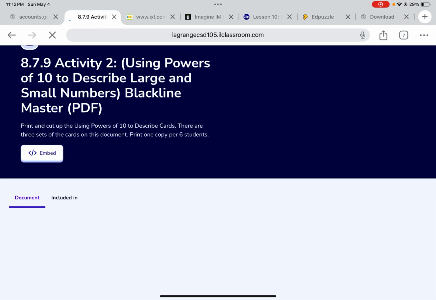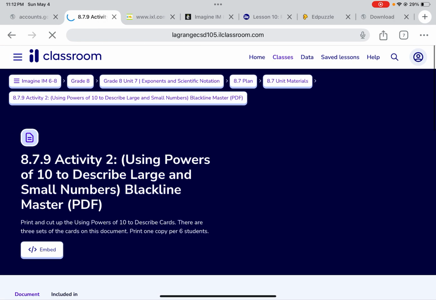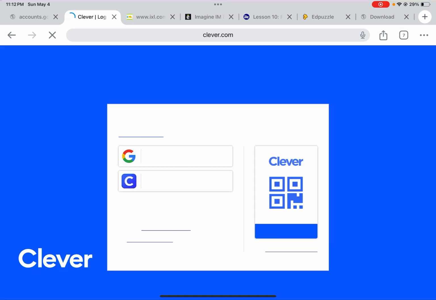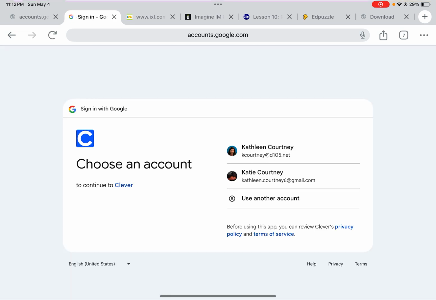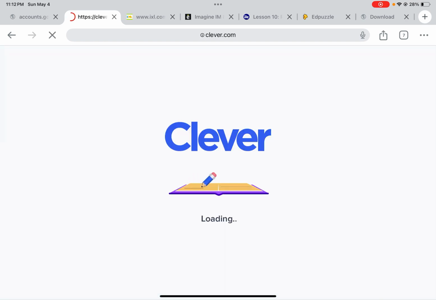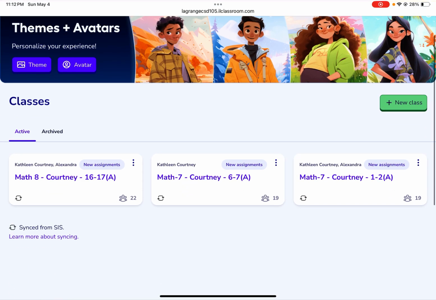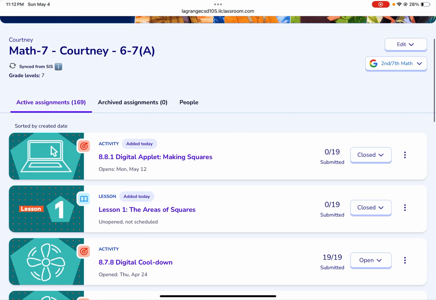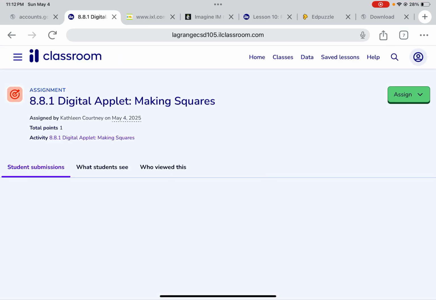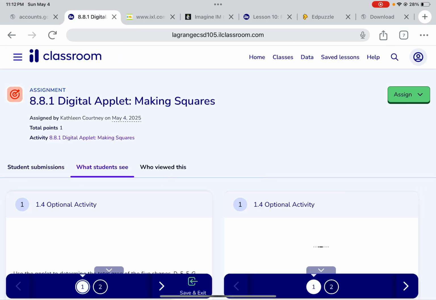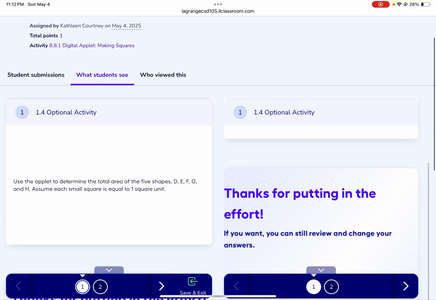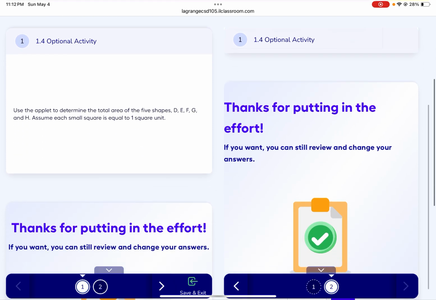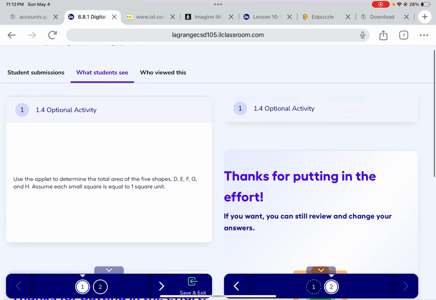That activity is 8.8.1. So it doesn't matter which class you're in. You are going to find this activity right here. You're going to go into this digital optional activity and you're going to give it a try.